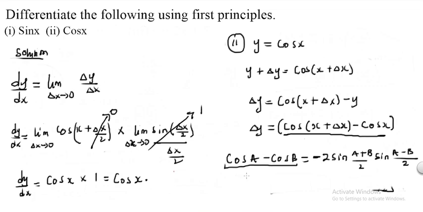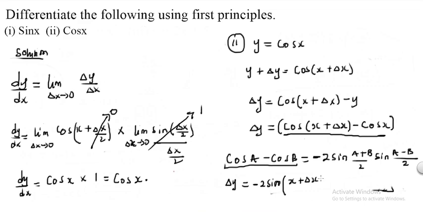So on to the next, we say delta y is equal to minus 2 sine. In this case, if you notice, your A value very much resembles x plus delta x. So that's what we'll use here. We'll say x plus delta x. The B value is x. If you compare the two equations, the B value is x.